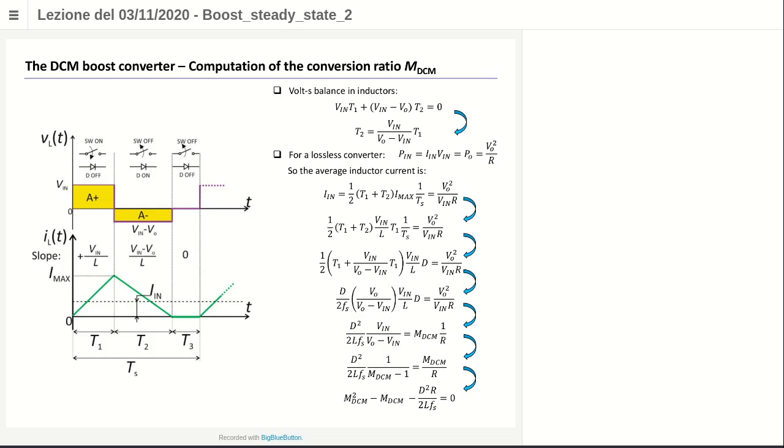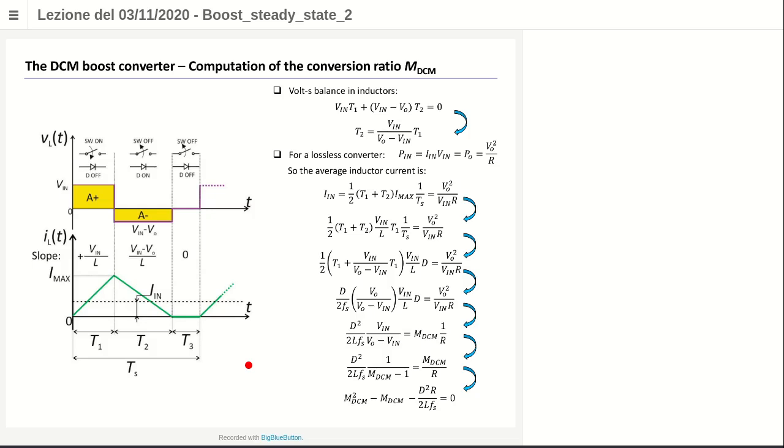In that situation, the transfer function between the output voltage and the duty cycle, which is the control variable that I use to change the output, has a zero in the right half plane, which is not useful.